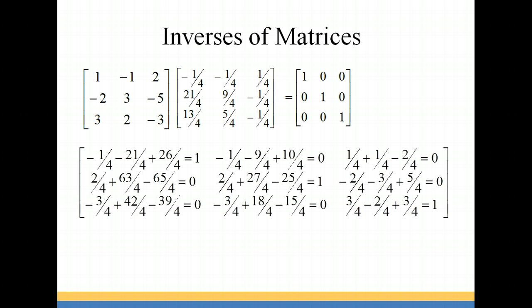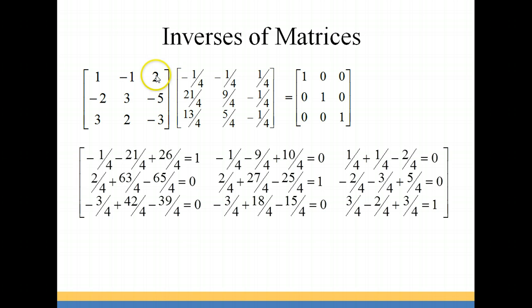So we're going to take our first row and multiply it by our first column. So remember that when you're doing matrix multiplication, the corresponding entries are multiplied and then added together. So what we're going to do is multiply 1 times -1/4 plus -1 times 21/4 plus 2 times 13/4. And then add those together and we got 1, which is what it should be.